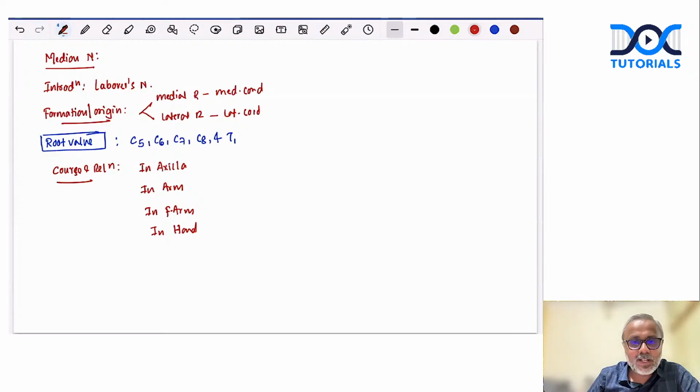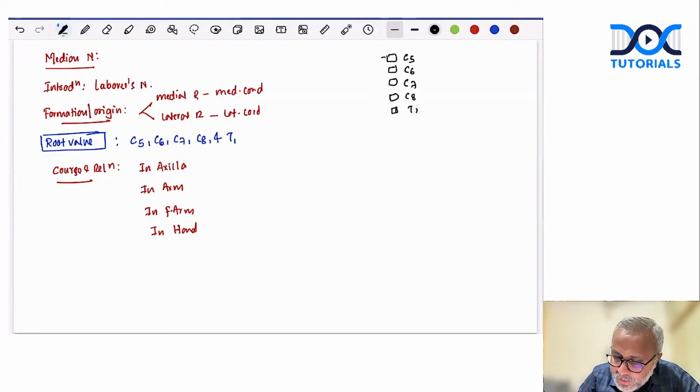Now let's try to draw a simple line diagram to discuss the entire course and relations of the median nerve. The median nerve, as we just learned, is formed by the union of what? We have C5, C6, C7, C8 and T1 nerve roots.